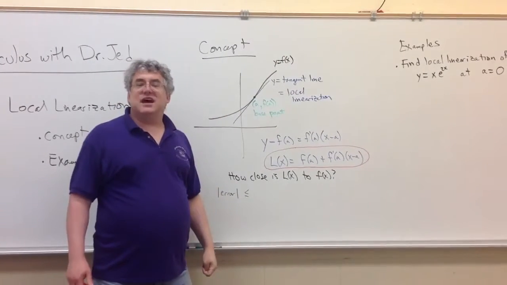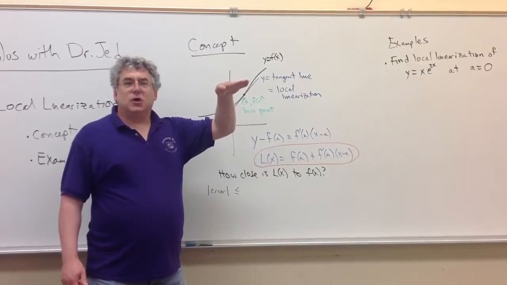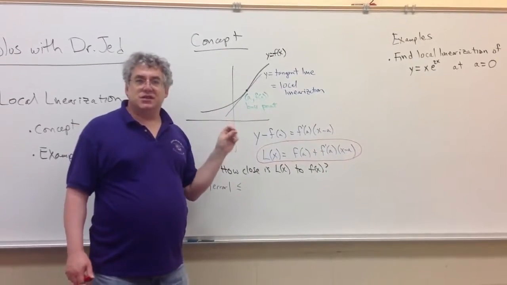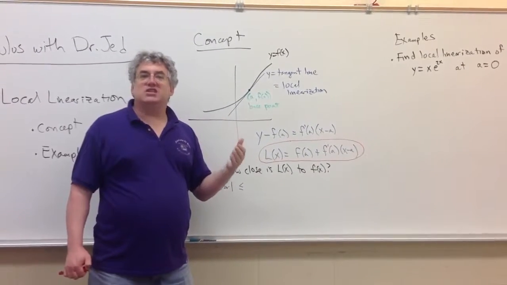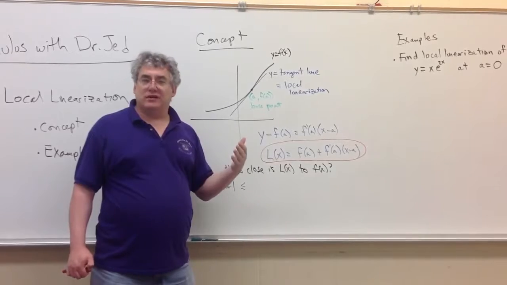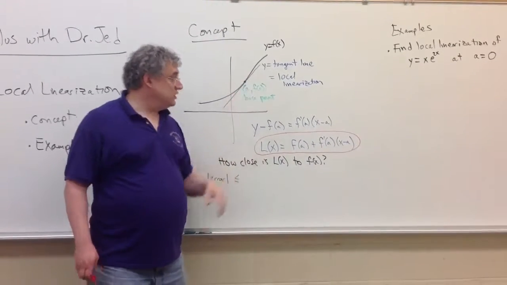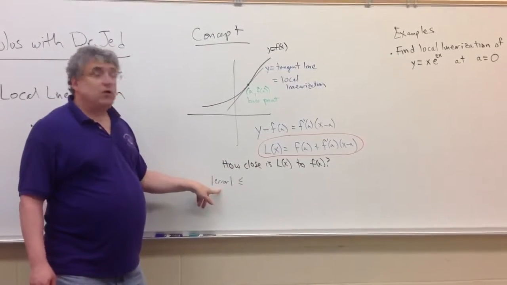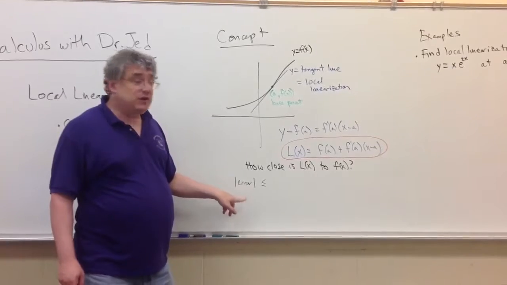So the thing that determines how far away we go is how far does the slope change? What is the change in the slope? And the change in the slope being the first derivative, what's the change in the first derivative? That's the second derivative. That will govern how far away we are from the original function. So the error, or how far we are away, is going to be bounded. We can't calculate it exactly, but we know for sure it's bounded.